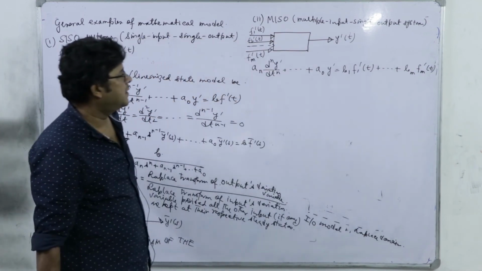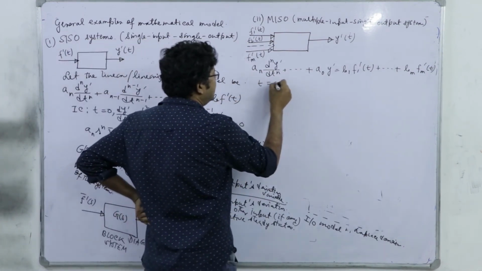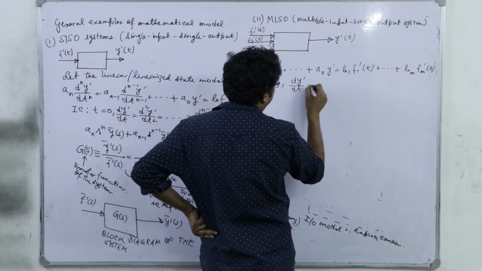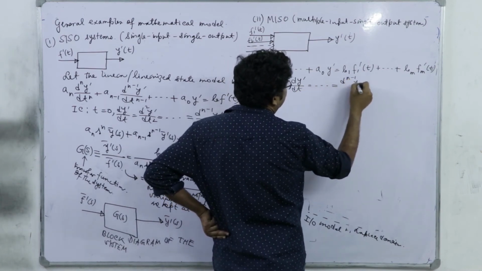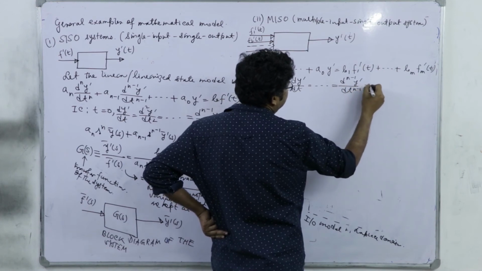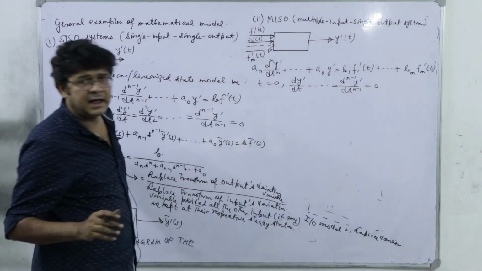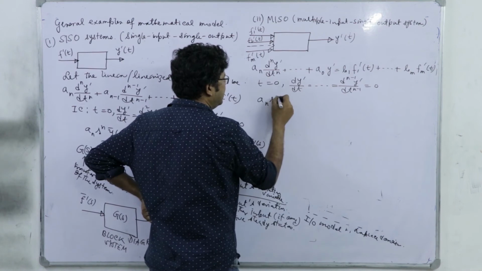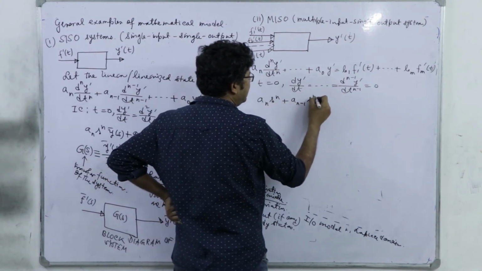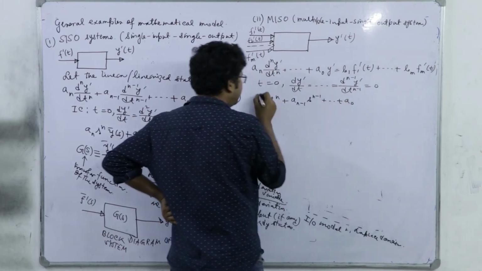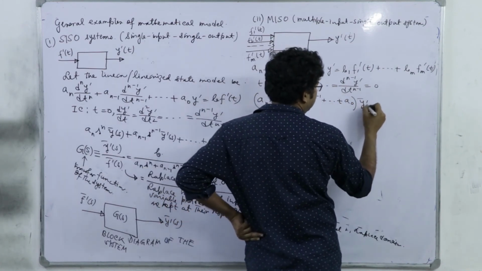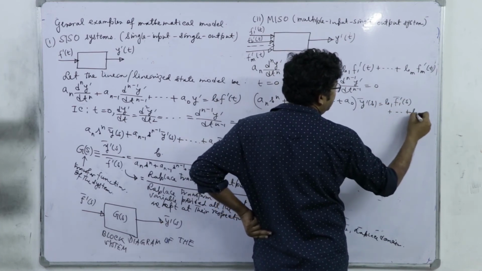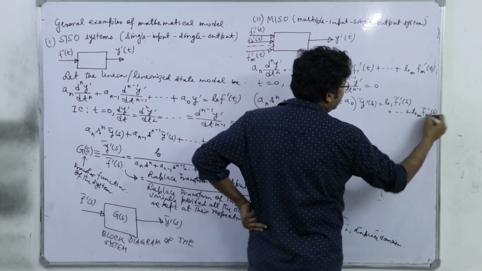So if I take the Laplace transform, and again we tentatively consider that at t equal to 0, dy prime dt up to d to the n minus 1 y prime dt to the power n minus 1 are all 0, then taking the Laplace transform of the entire equation, I get a n s to the power n plus a n minus 1 s to the power n minus 1 plus a 0, whole bracket, y prime bar s is equal to b1 f1 prime bar s up to bm fm prime bar s.